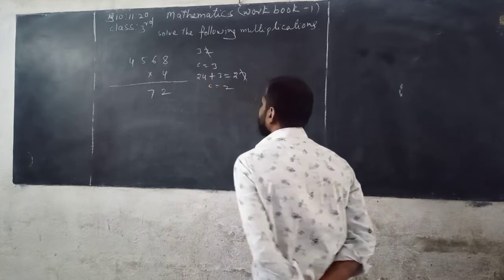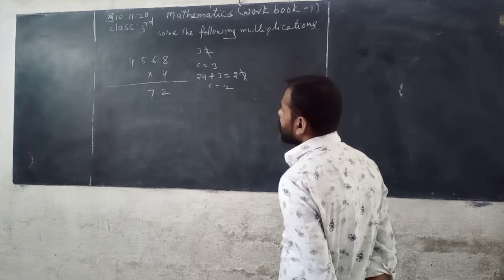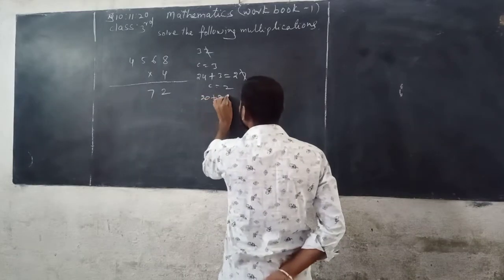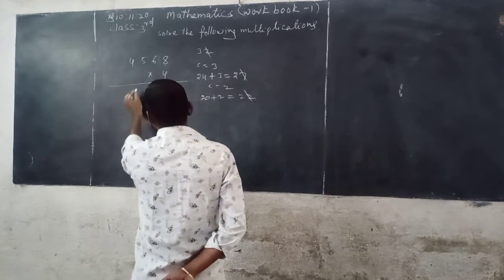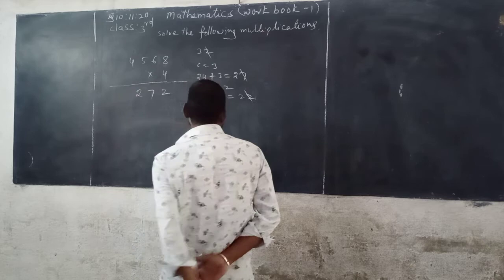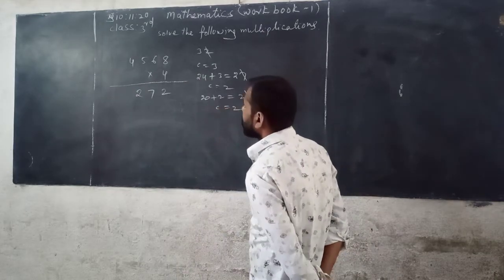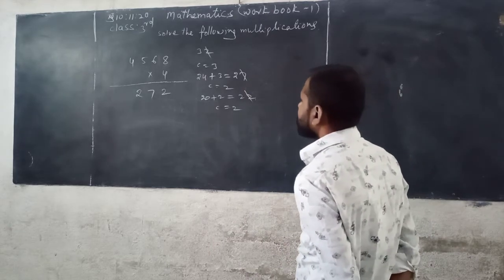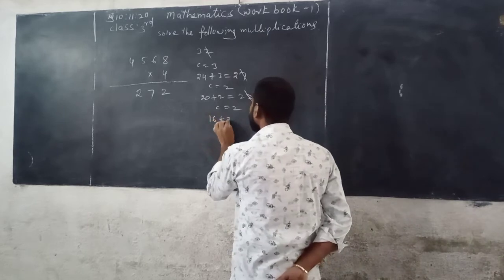Next we multiply the digits in the hundreds place, that is 5 with 4. 4 5s are 20. So 2 is added to 20. 20 plus 2, 22. In it, 2 is taken and written down in the hundreds column of the product. Now carry 2. Then next we multiply the digits in the thousands place, that is 4 with 4. 4 4s are 16. 2 is added to 16.